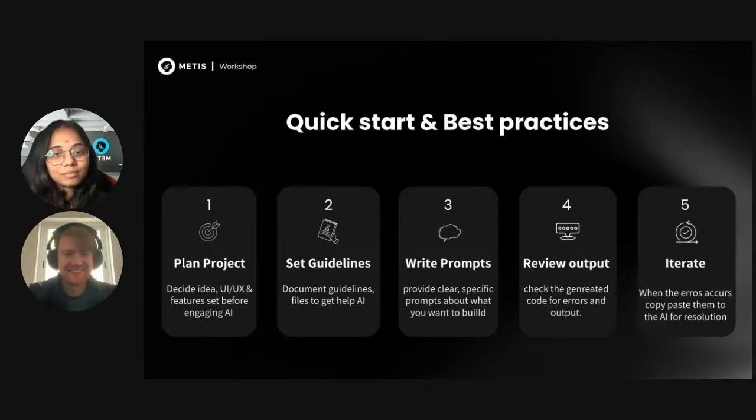Okay, all right, here's how you actually vibe code a project. Let's walk it step by step. First, you plan the project. Don't jump into code. Figure out what you are building, what your tech stack is, what features matter most. If you don't know what you want, the AI sure will not either.